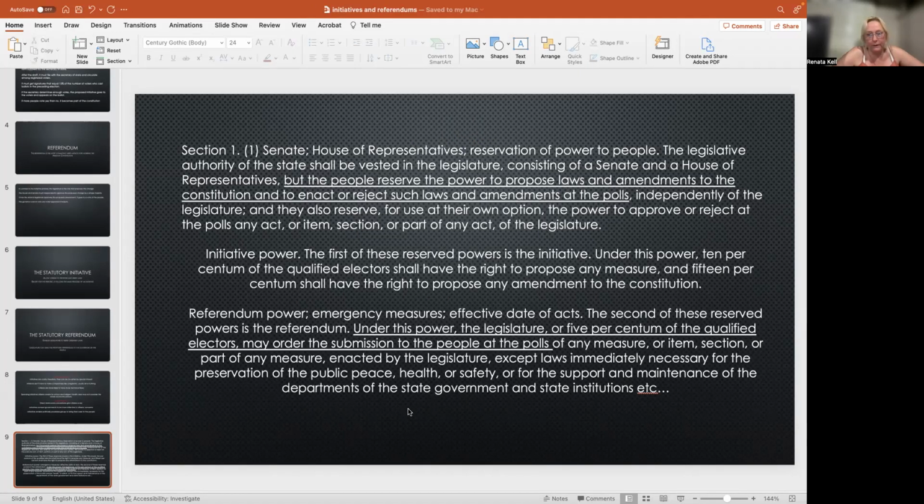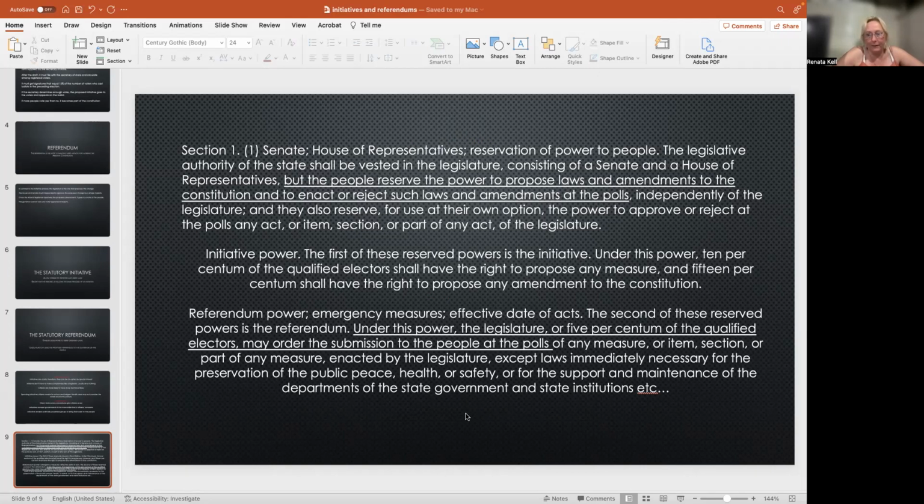but it's emergency measures, effective date of acts. The second of these reserved powers is the referendum. Under this power, the legislature or 5% of the qualified electors may order the submission to the people at the polls. So they can actually just give it right to the people at the polls instead of going to the government and going to the governor. And then it goes on to state a whole lot more, which I didn't put in here.